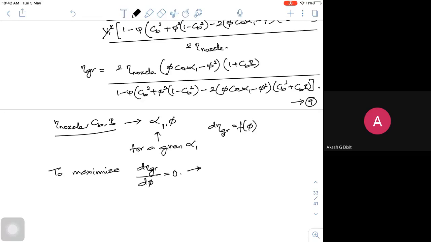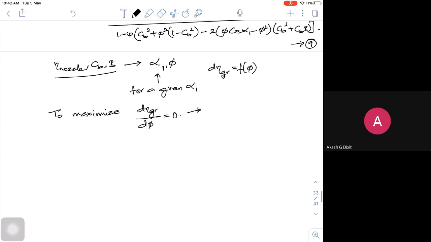Now what I want is for you people to try this as homework. I want you to try this differentiation. First, if CB is equal to 1 and B is equal to 1, differentiate and get the expression for the maximum gross stage efficiency.